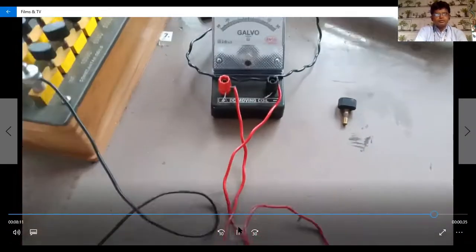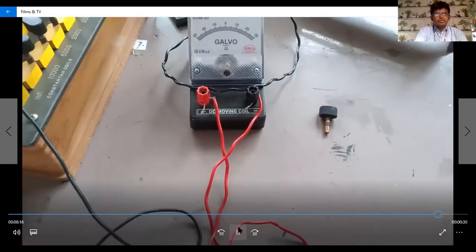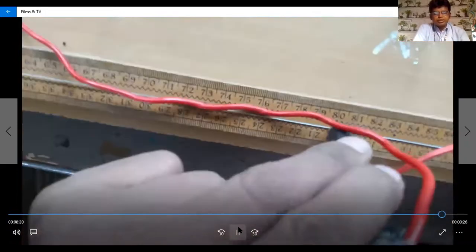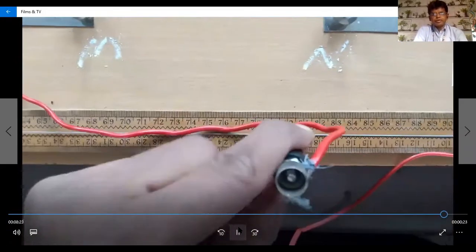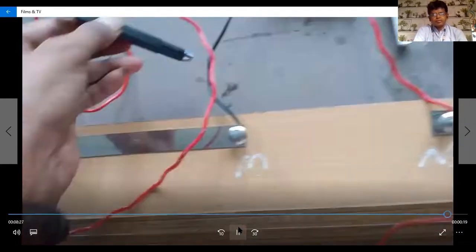So you see here, we move the jockey key, and the G meter reading should come to 0. At that time we see here it is 80 from the meter bridge. So this value we note down in the second part.